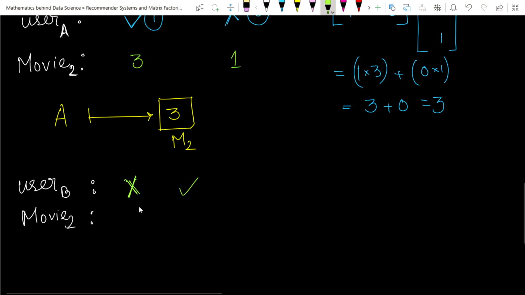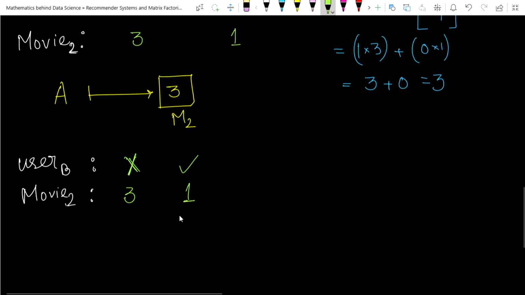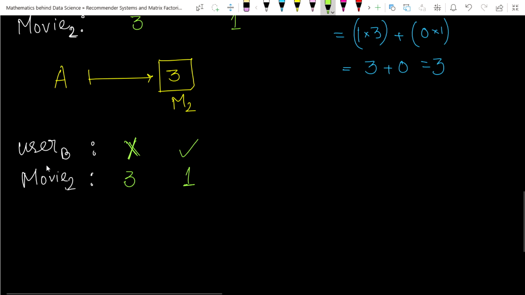Movie 2 is already rated 3 for comedy and 1 for action. Now what do we expect from user B? Since user B doesn't like comedy movies, he will give 0 for it. Since he likes action movies, he will give 1 for it.